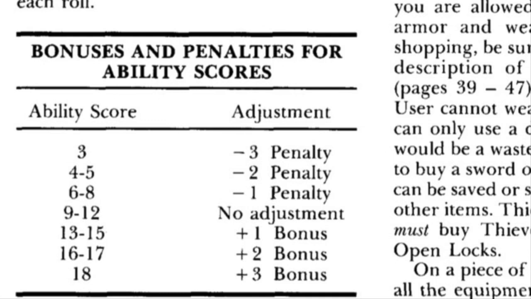If you have a constitution score of 4 to 5, you get a -2 penalty. Constitution score of 6 to 8 is a -1 penalty. 9 to 12, no adjustment at all. 13 to 15, you get a +1 bonus. 16 to 17, a +2 bonus. And 18, you get a +3 bonus.